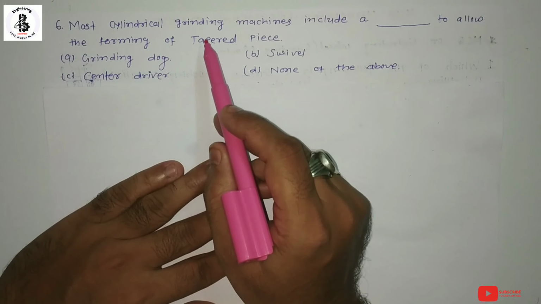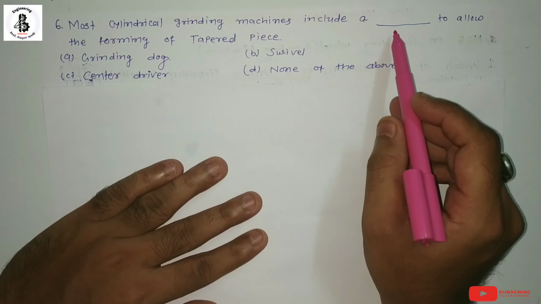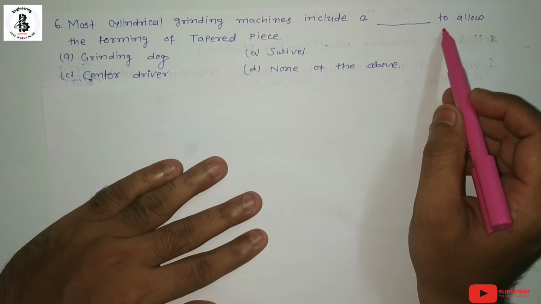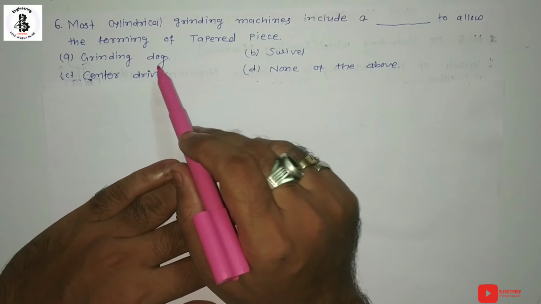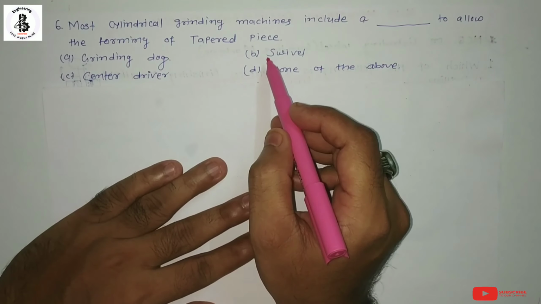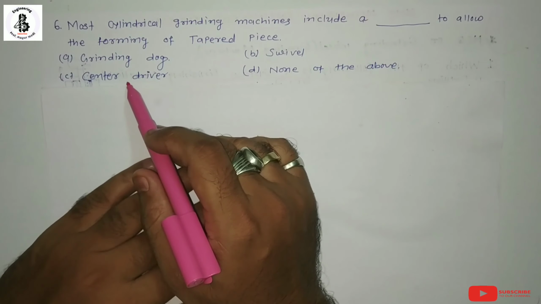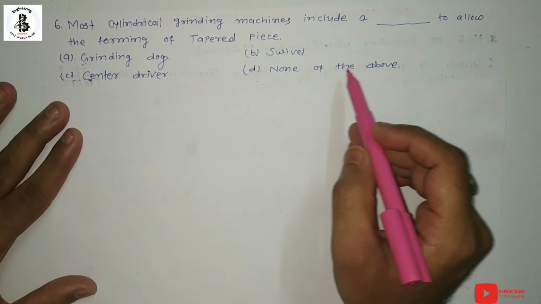Most cylindrical grinding machines include a blank, which allows the forming of a tapered piece. Option A grinding dog, option B swivel, option C center driver, and option D none of the above.